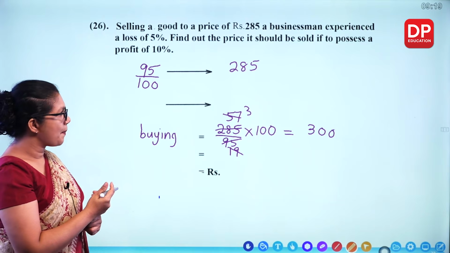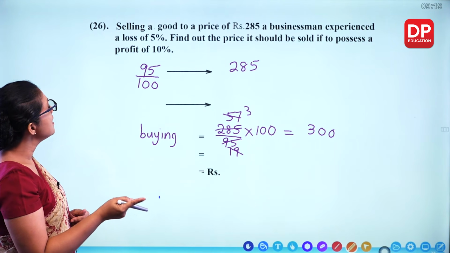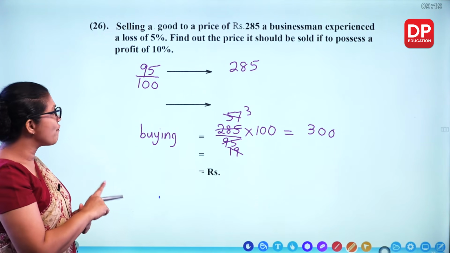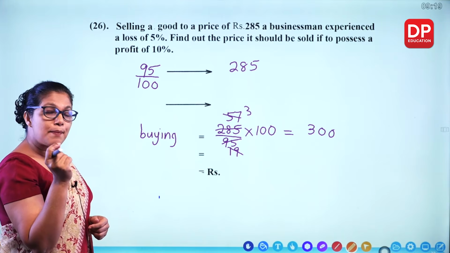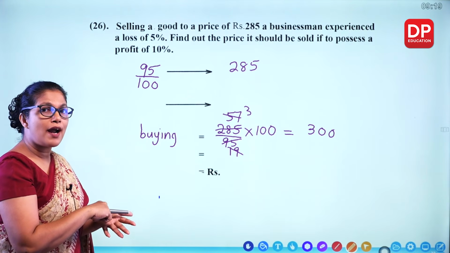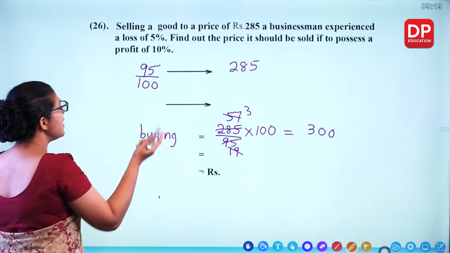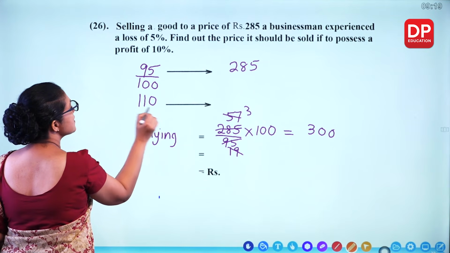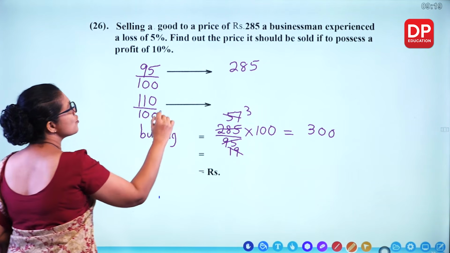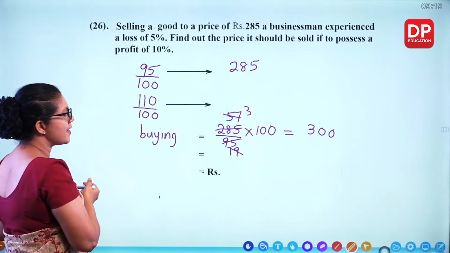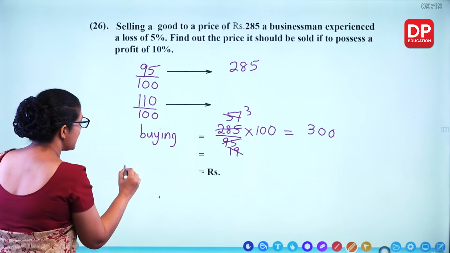a 5% loss. Now, you need 10% profit. So, to get 10%, if you buy it for 100, you have to sell it for 110. So, 110% of that value should be the new selling price. So, what's the selling price then?